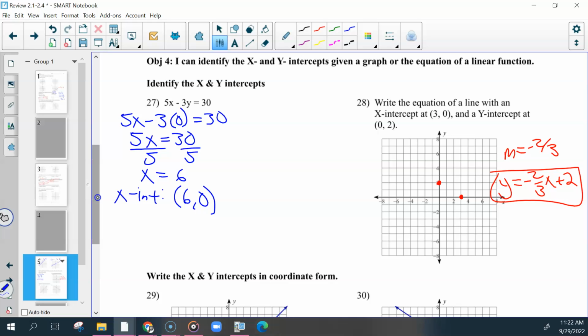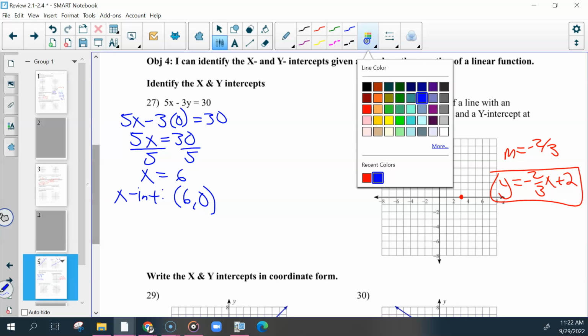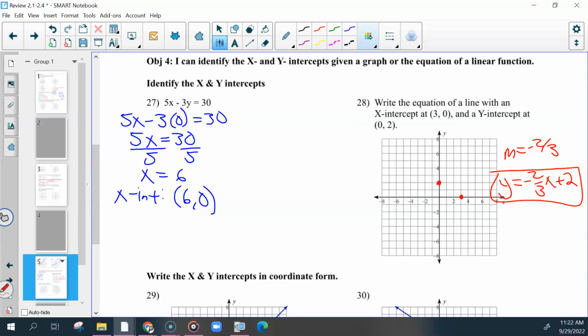And then after you find one, you have to find the other. Except the 0 is going to go in the opposite, so now it's going to go in for x if I'm looking for a y-intercept. Again, I can skip a couple steps. This would become 0. I don't have to write the 0, so I can just write what's left.